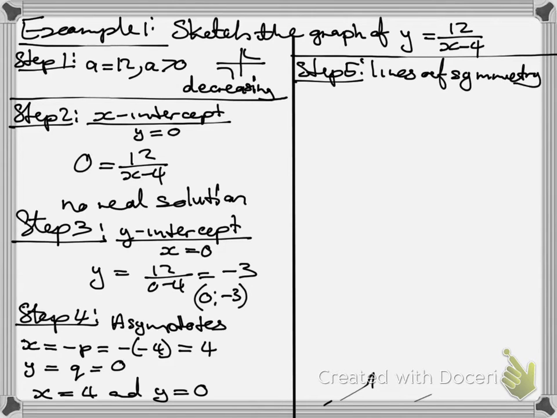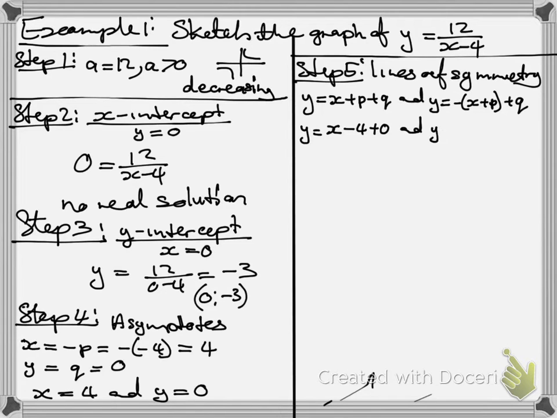So it's all a matter of substitution, knowing the equations and just doing the substitutions. So you substitute for p and q in both of the equations, and then you see that the equations will be y is equals to x minus 4 is one equation, and the other one will be y is equals to -x plus 4 when simplified.